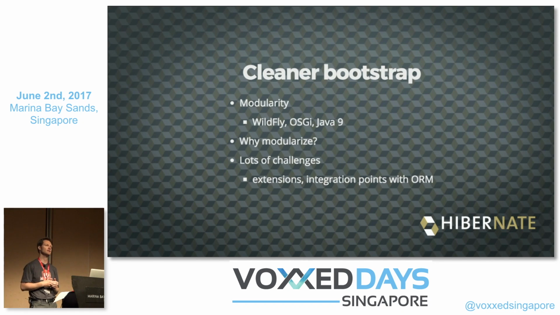The other rethinking is that we're in a more and more modular universe. You probably have heard that Java 9 is going to come with the Jigsaw project, the modular system. But even way before that there was OSGi, where modularity rules.